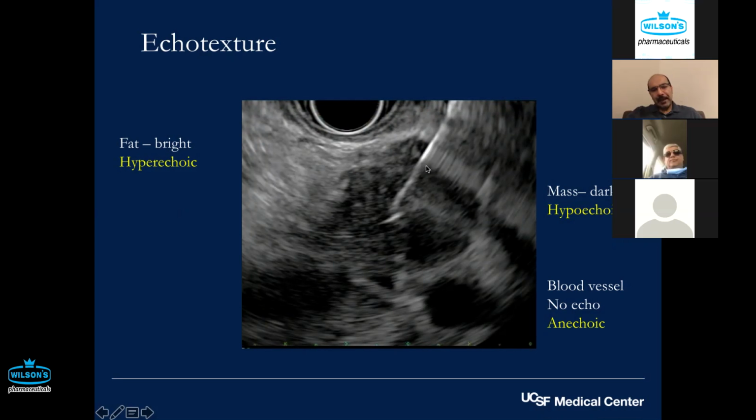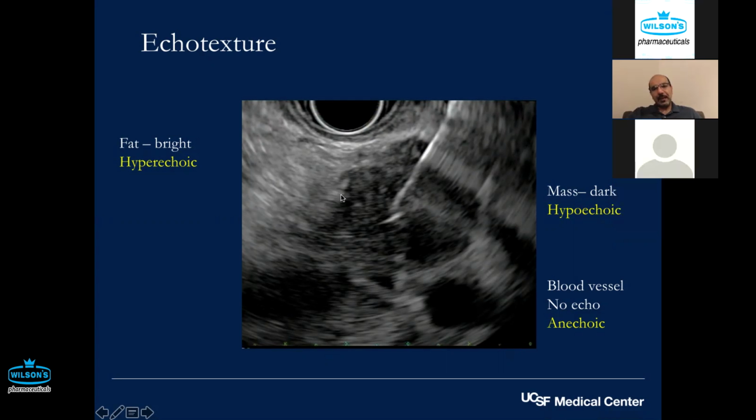A pancreatic mass will typically be very discrete, with clear borders, and it'll be much darker, so that is going to be hypoechoic. Blood vessels and cysts will allow the ultrasound signal to go right through them, and they will be completely black. This blood vessel here has absolutely no echo, and it's going to be anechoic. So these are the different types of scatter that lead to the different imaging properties on ultrasound.